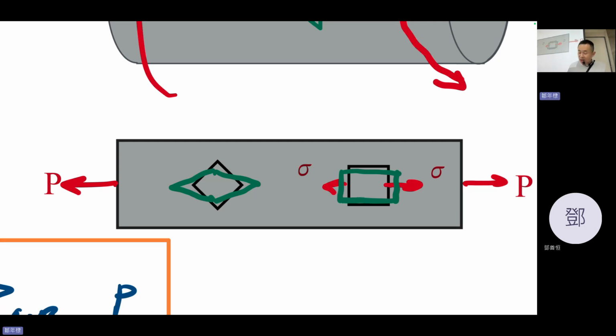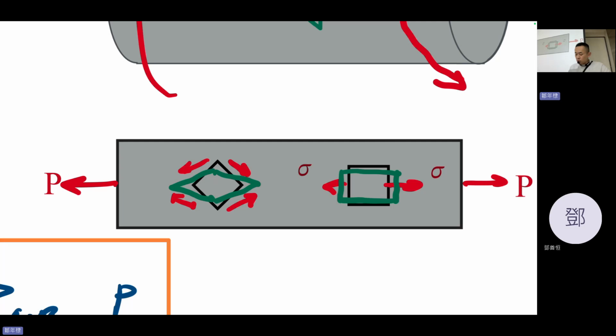How about this? If you draw the figure at a 45-degree tilt, do you think this square becomes a shape like this, a parallelogram? Yes, it did. So actually, the material at that 45-degree angle also encounters shear stress. It makes this square become this shape.